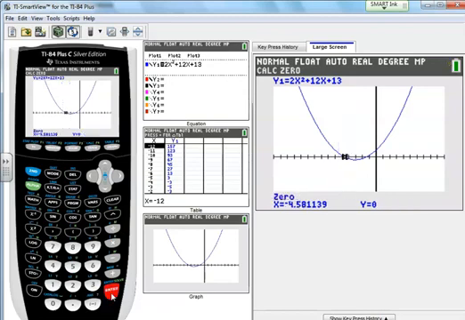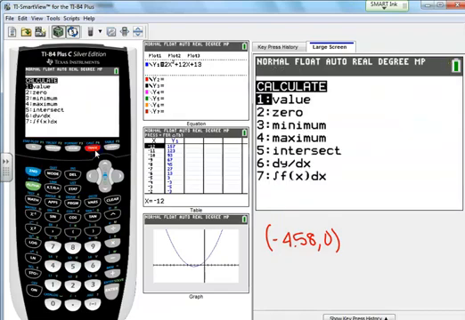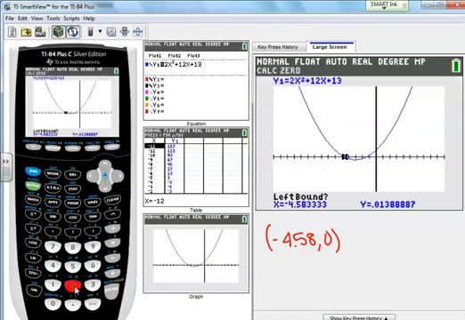And an x-intercept will be the point approximately (negative 4.58, 0). We're going to do the same thing because we do see another x-intercept: second, trace, number 2 zeros, and we're going to scroll to the right and go to the left of the other x-intercept. Hit enter.